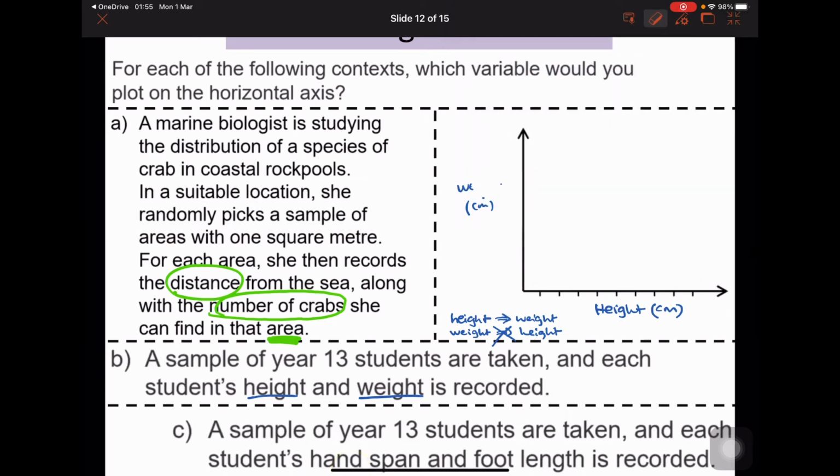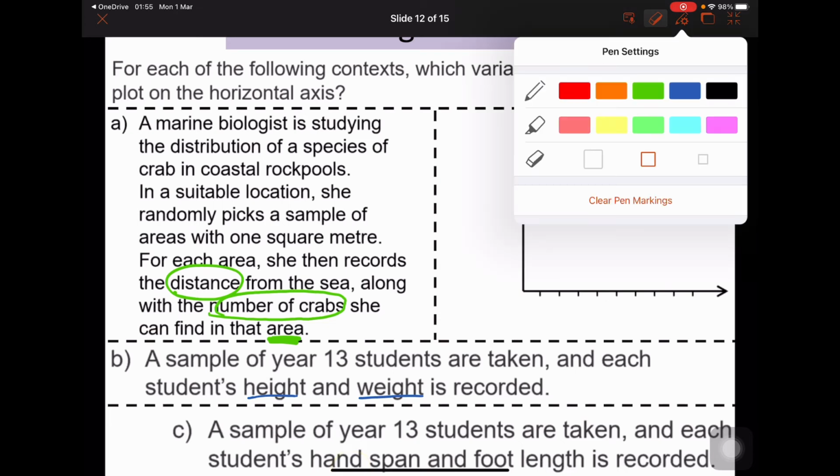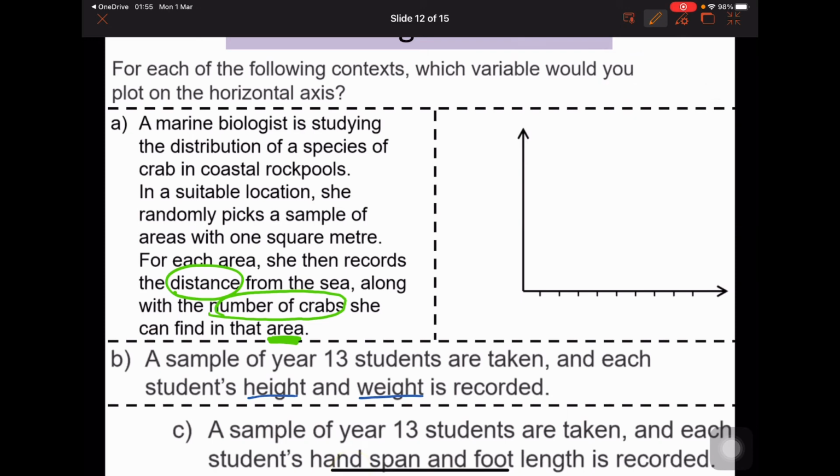And so I wanted to show you guys an example where it's hard to say which variable will appear on the x-axis. And so if we have a situation like this, then we just go with the one which has been written first. So we have our two variables and it's not clear which should be on the x-axis. So because hand span is written first, we'll write hand span here.